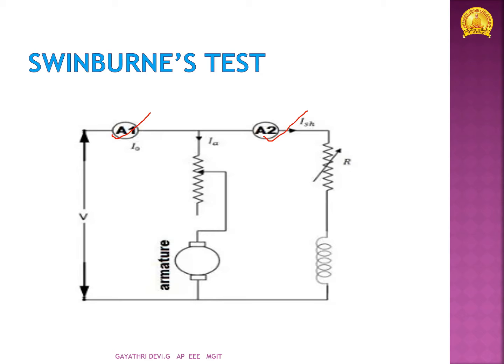Then this one shows the starter. We know that we always start DC motors by means of a 3-point or 4-point starter. This one shows the 3-point starter, and this is the armature of the DC motor. And here R is the regulating rheostat which we are mainly using, and this is the field connection.